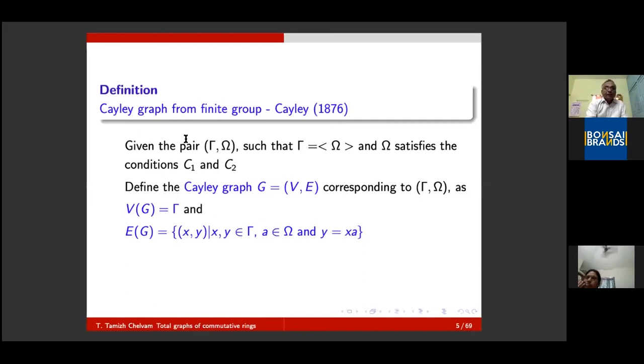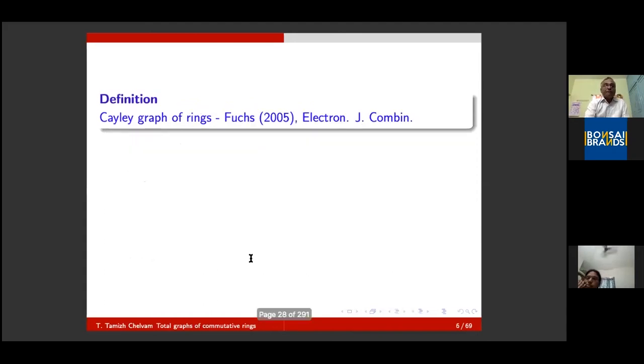So you take a finite group and a generating set, and we have mapped a graph by taking the full group as the vertex set, and edges are created this way. And of course it is denoted by Cayley of gamma comma omega in order to indicate what the input is for the Cayley graph.